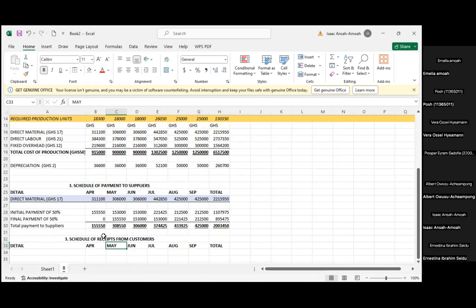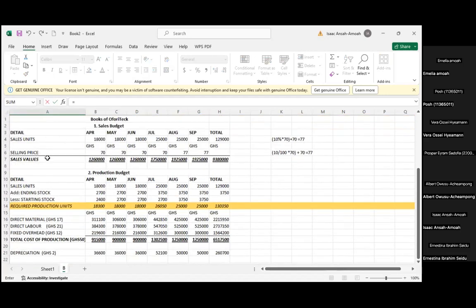Have we engaged with customers from our operations, the preparation of the budget? Sales. When we sold, yes. Sales. So on your answer booklet, you just have to bring here your sales values. Your sales values. So you rewrite your sales values, and this is the sales values.